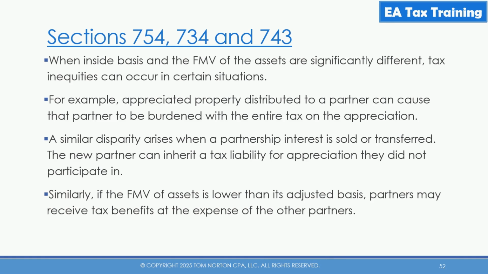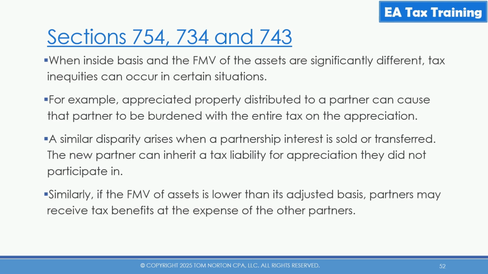Let's say now that that building is distributed to a partner. One of the partners gets that building distributed to them. Well, they now have an asset with a basis of $40,000 because they get the same basis as the partnership. They have a $40,000 basis in that building, but it's worth $100,000. So now if they sell that building, they are going to be taxed on a $60,000 gain. But the fact is, economically, the gain is not all theirs.